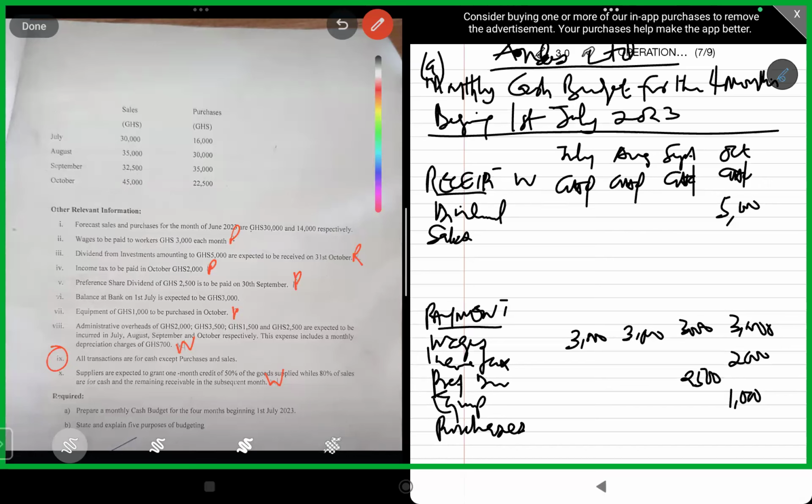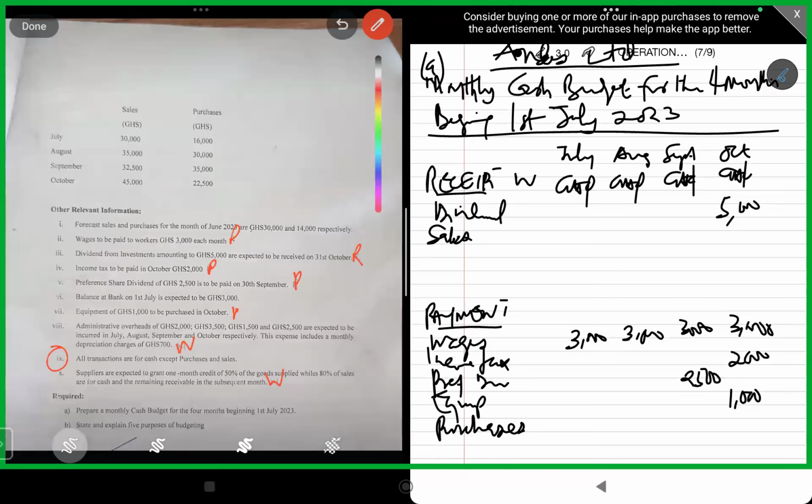So you write PPP against all the payments and RRR for the receipts. Then those items which require workings, you put W against them. So even if the time is due and the lecturer says stop work, you get marks for the formats and the entries you just made. Okay. I hope you get it.